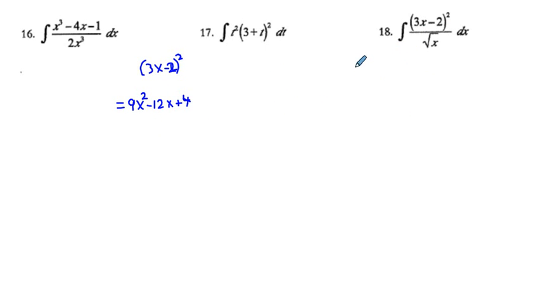So just rewriting like this, we now have 9x squared minus 12x plus 4 over, and I'm going to rewrite this square root of x as x to the 1/2 power, and finally dx on the outside.